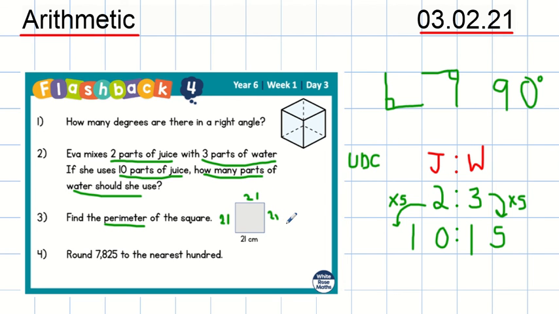Now, if I wanted to find the perimeter, I'd have to add together all of these lengths. I could probably do that mentally. 20, 40, 60, 80, 81, 82, 83, 84 centimetres. The perimeter of the square is 84 centimetres.